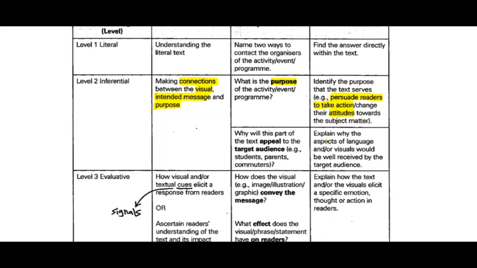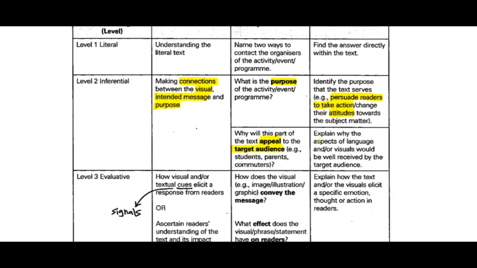And another type of inferential question can be, why will this text appeal to the target audience, right? So why would it work, or why would it be effective in bringing a point across to a certain target audience? By having to explain why, you are making an inference.